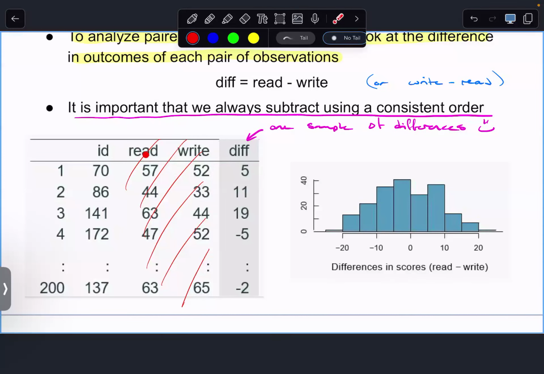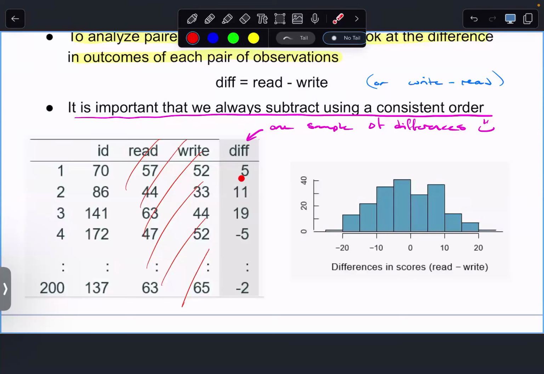If I want to talk about how the reading and the writing scores are comparing to each other, I want to know if there's a difference between the two. So that means that my null hypothesis has to be that there's no difference between them, no difference between the reading score and the writing score.